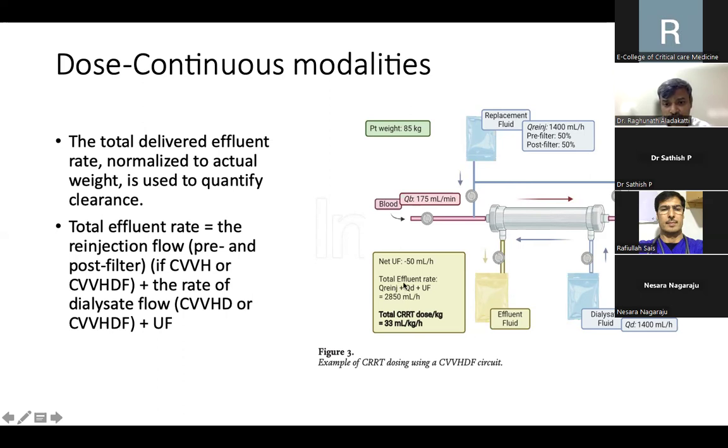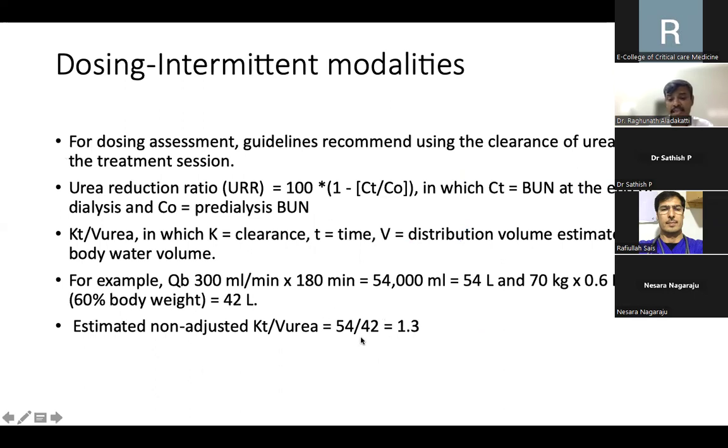Here the re-injection fluid is around 1400 ml, dialysis flow rate is 1400 ml, and ultrafiltration is around 50 ml, so 1400 plus 1400 plus 50 becomes 2850 ml per hour. Net flow rate per kg per hour will be 33 ml. This is how they identify CRRT dose per kg, as effluent rate in ml per kg per hour. For hemodialysis, they use Kt/V dosing.